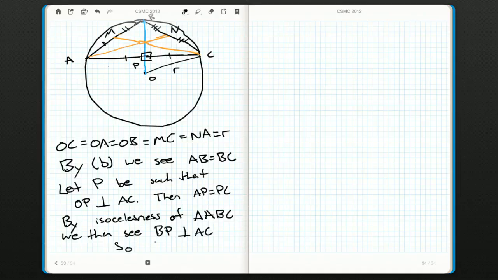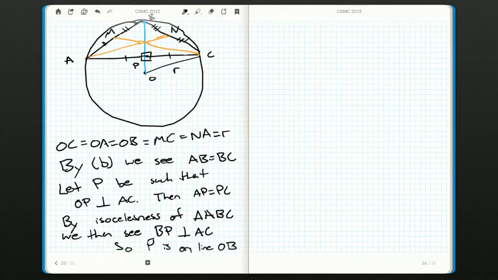But since OP and PB intersect at the same angle, they also intersect at the same point. We see that they're actually the same line. So PB is on line OB.